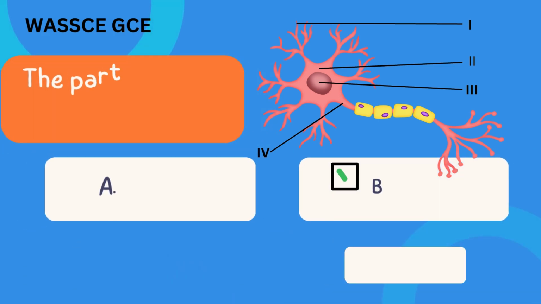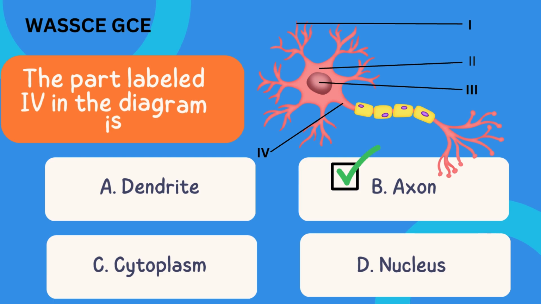The correct option is option B, the axon. If we look at the diagram critically, you see that the part labeled Roman figure 4 is the part leading from the cytoplasm of the cell body, and that part is called the axon.